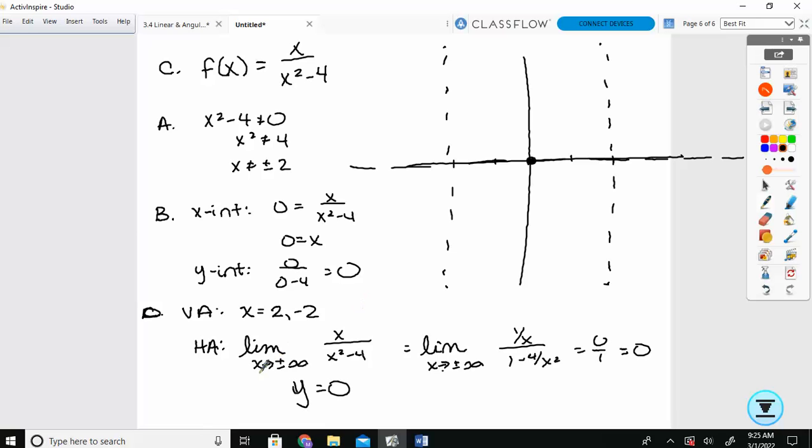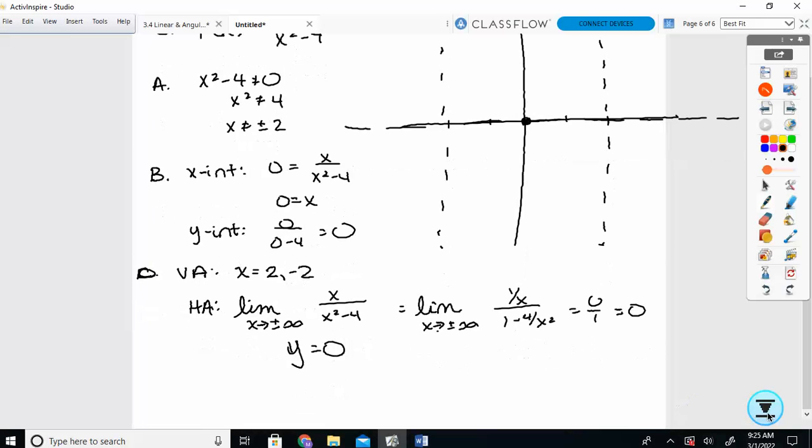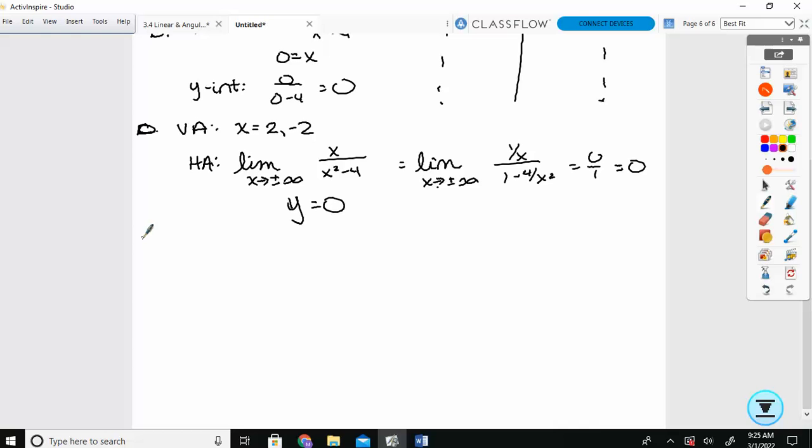Then I'm going to ask you to find your critical points and increasing, decreasing. So what do we need to do? We have to do the quotient rule here. So that is low, which was x squared minus 4, d high, minus high, d low, over low squared.